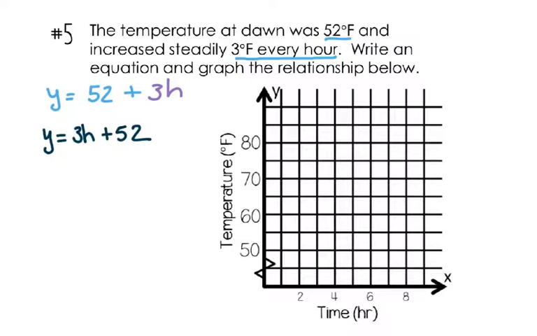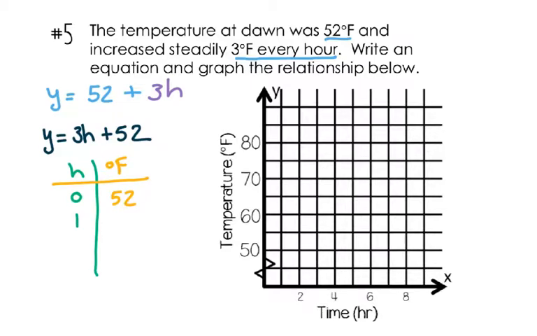The other way we could have done this is just set up a table. So we have our hour, and then the degrees Fahrenheit. So when it started, it was at 52 degrees. And it's increasing every hour 3 degrees.